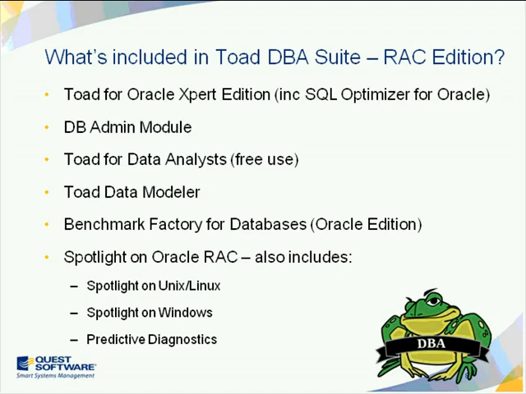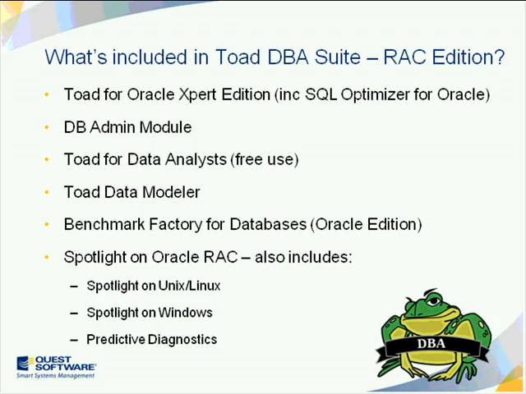So what's actually included in this new edition? As I say, very similar to the DBA Suite for Oracle, we have Toad Oracle Expert Edition, and this includes SQL Optimizer, which is our optimization technology for Oracle. The Database Administration module, which simplifies your database administration tasks and allows you to automate and schedule. Toad Data Analyst, which is a cross-platform querying and reporting tool.